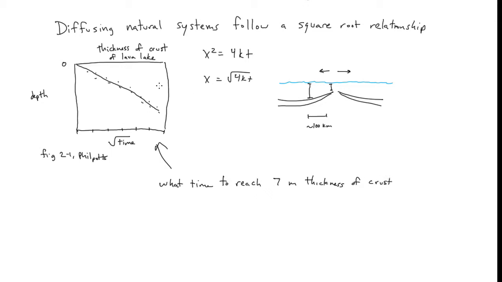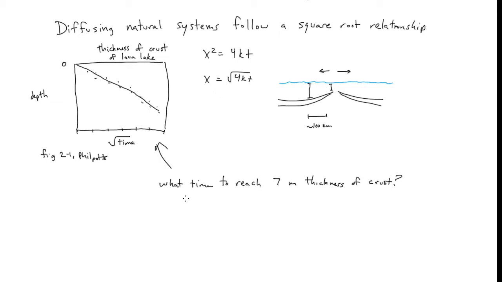Again, it starts out as pure lava, but then, due to the air, which is much colder, it solidifies, and over time it gets thicker and thicker until there's no more lava left, right?